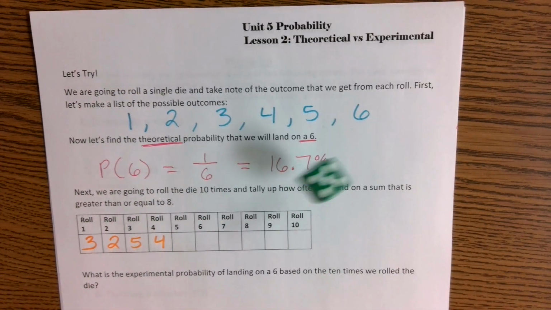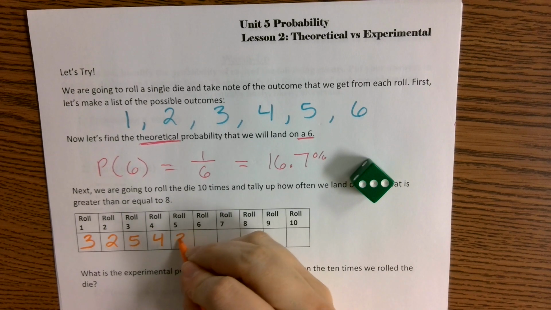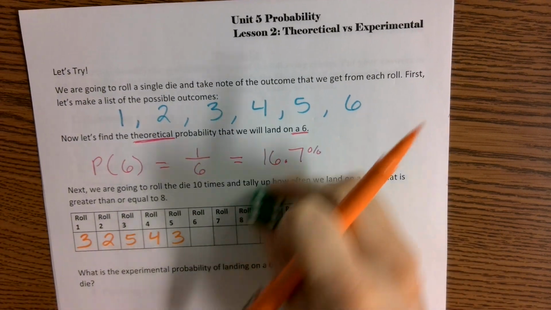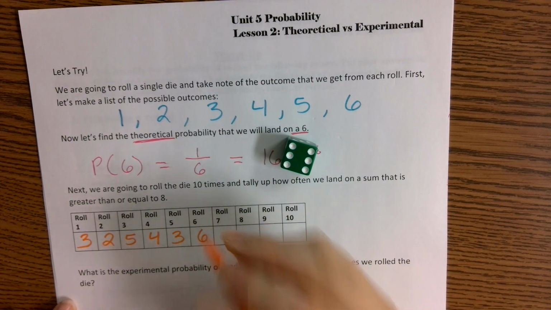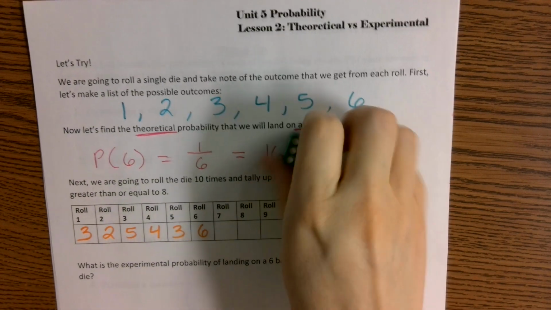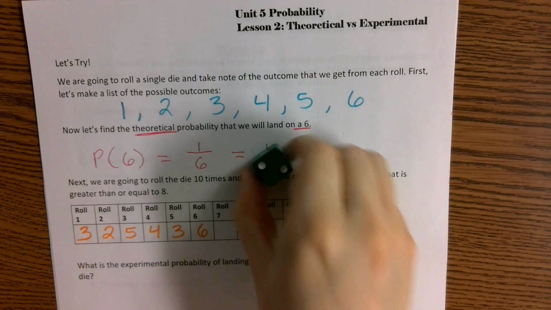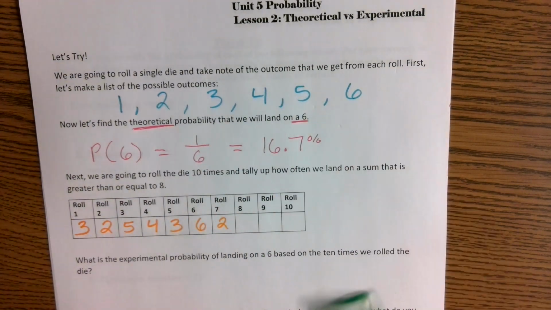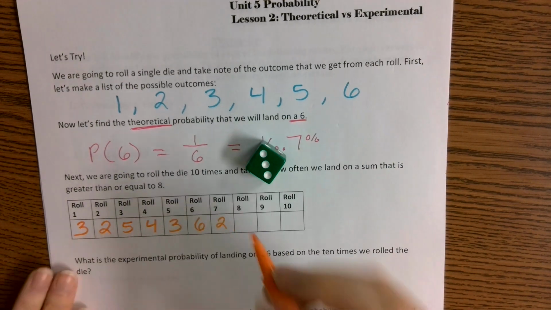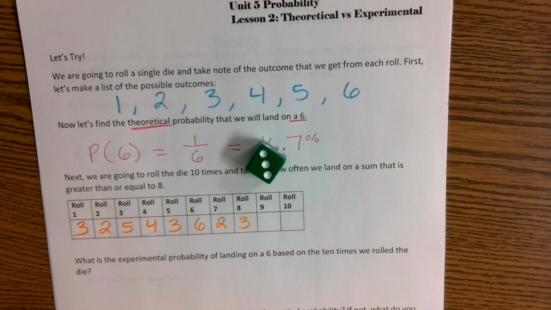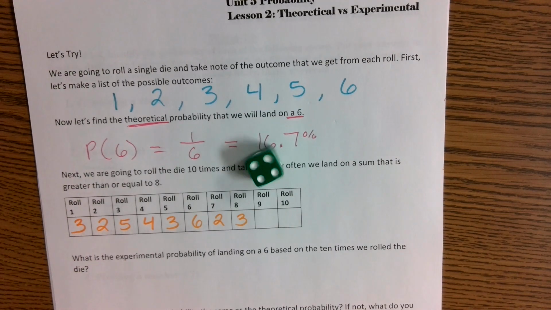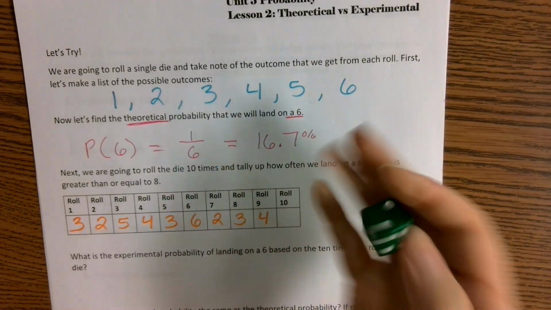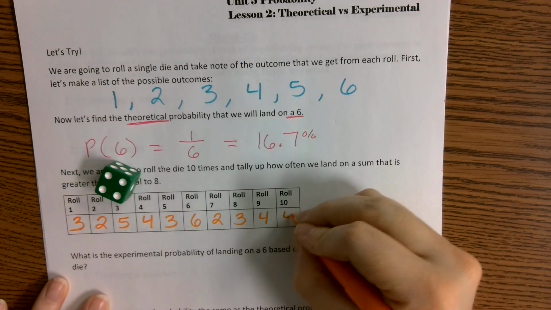Let's do it again. 3. Do it again. Oh, 6. Okay, roll number 7 is a 2. Roll number 8 is a 3. Roll number 9 is a 4. Roll number 10 is a 4.